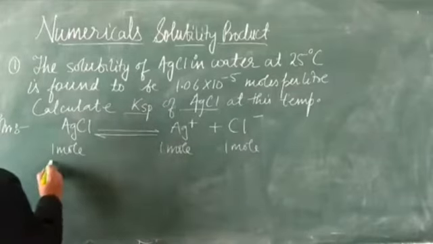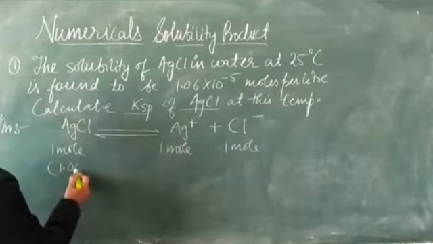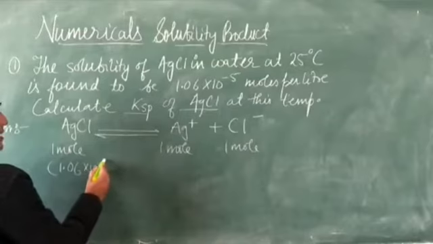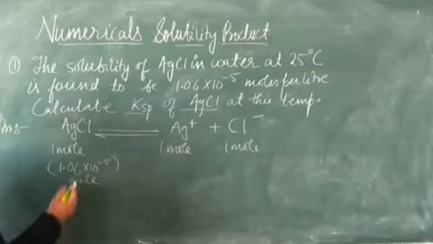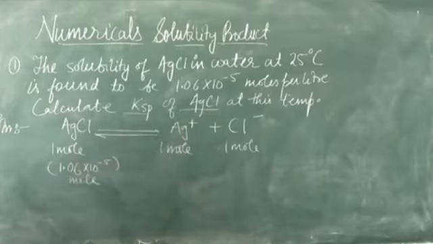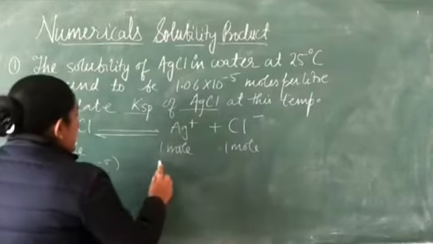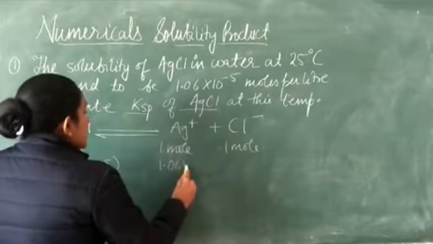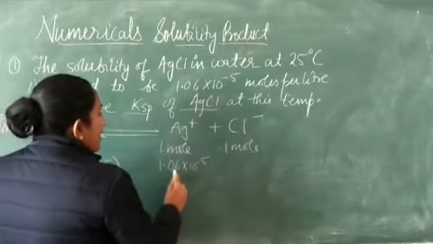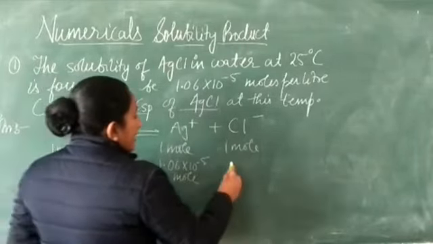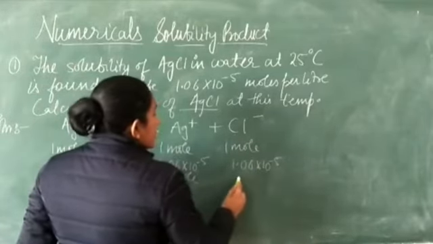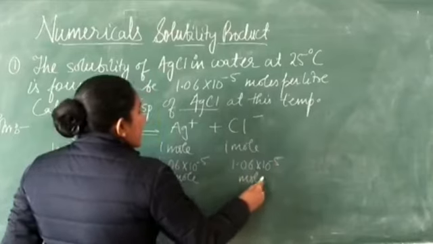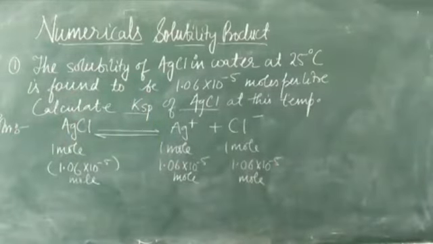So if 1.06 into 10 raised to power minus 5 mole is dissolved per liter of solution, then Ag plus will be 1.06 into 10 raised to power minus 5 mole per liter, and Cl negative also 1.06 into 10 raised to power minus 5 moles per liter in the solution.